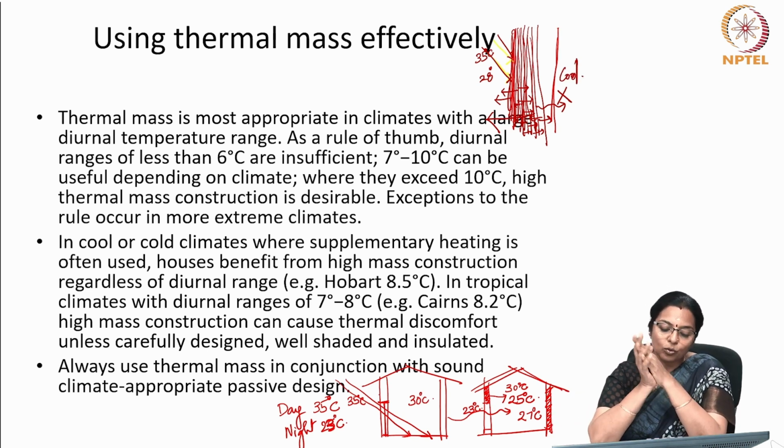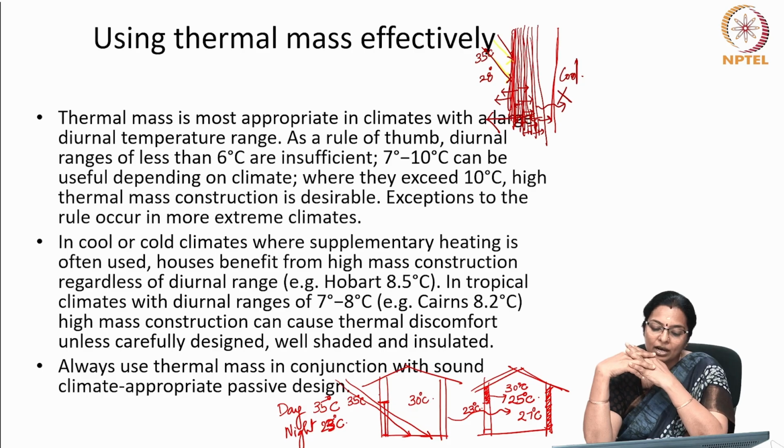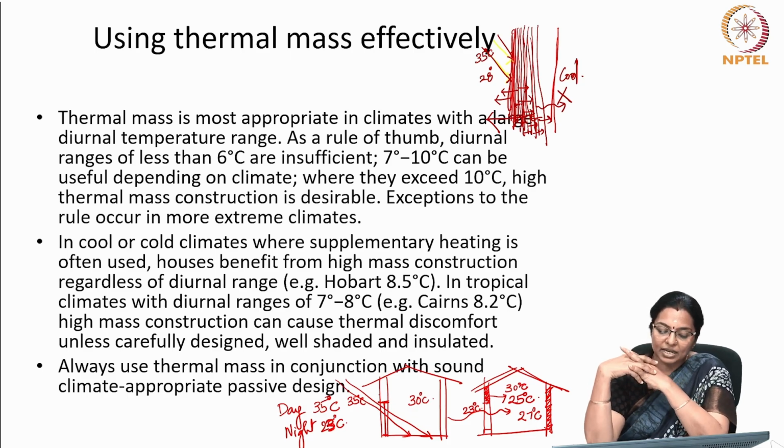So in cool or cold climates where supplementary heating is often used, houses benefit from high mass construction irrespective of diurnal range. In tropical climates with diurnal range, high mass construction can cause thermal discomfort unless carefully designed, well shaded and insulated.